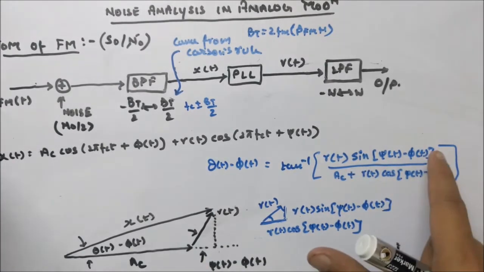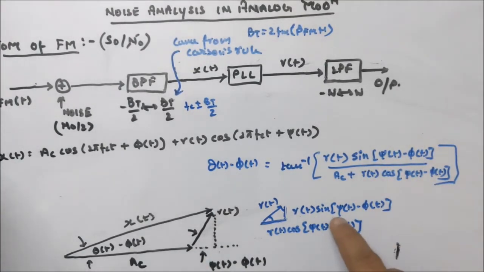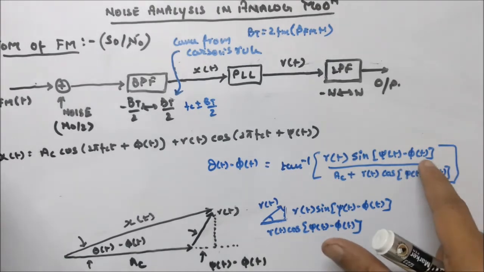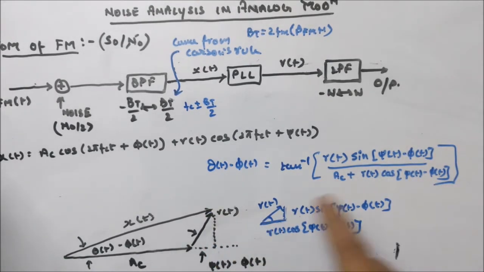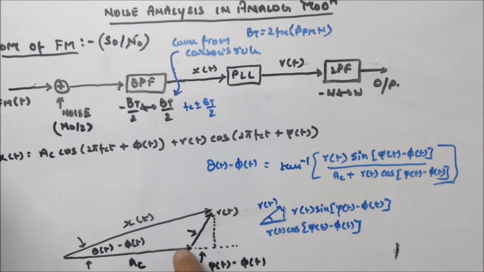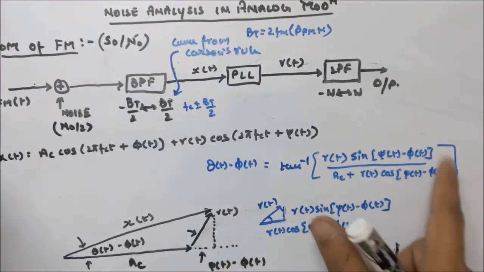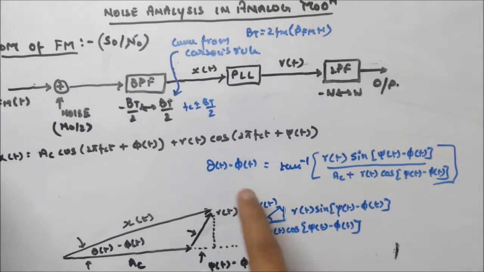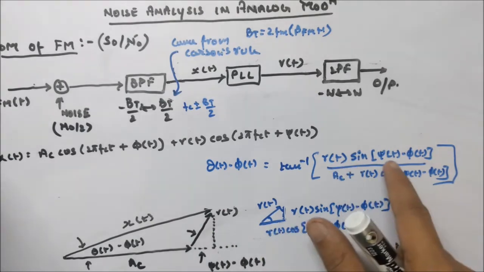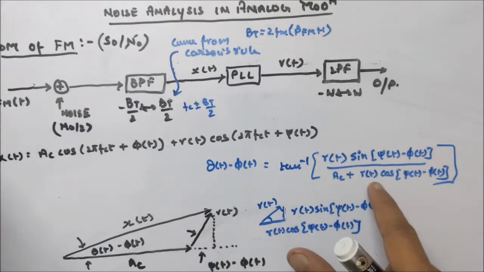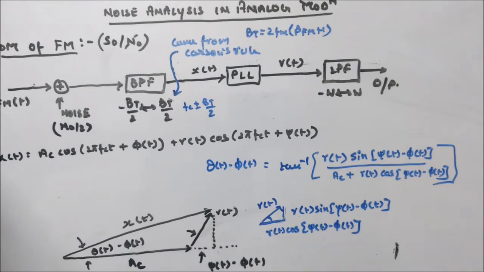This is the perpendicular, and the base is AC plus RT cos of psi t minus phi t. This will be your angle. This angle you have calculated as tan inverse of RT sin of psi t minus phi t divided by AC plus RT cos of psi t minus phi t.